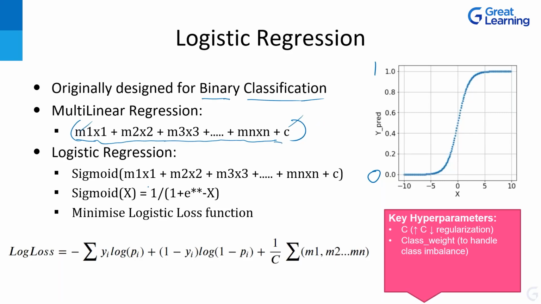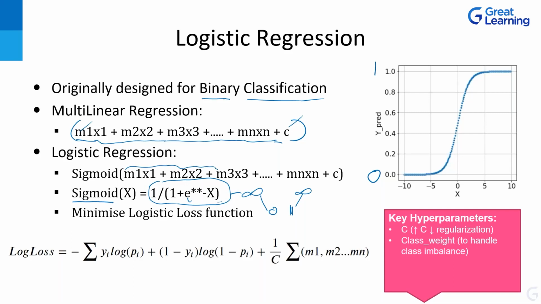And therefore, we use a nice function called a sigmoid function, which has a wonderful capability that it can transform any value from negative infinity to positive infinity to lie between 0 and 1. This is how a sigmoid function is given, where e is Euler's constant. And what we are passing to this is the entire output of the previous step.